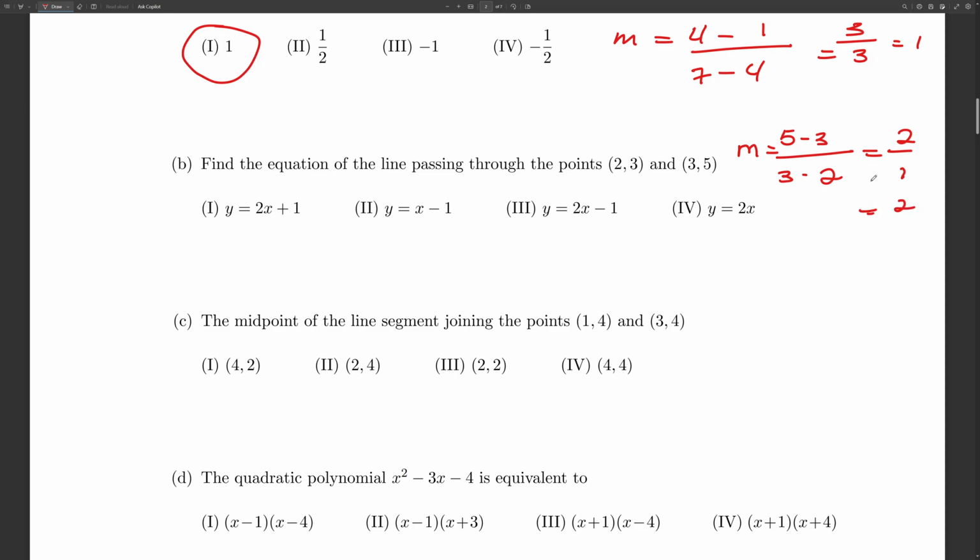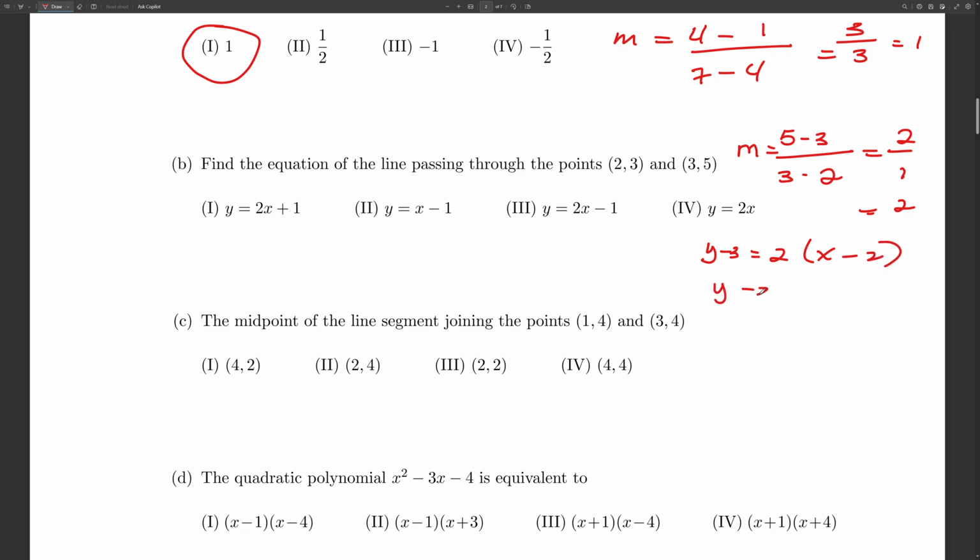So this is 2. Now I need to put it in the form y is equal to mx plus c. I don't really have much space here, so I'll write here y minus 3, choosing this point here, is equal to 2 into x minus 2.